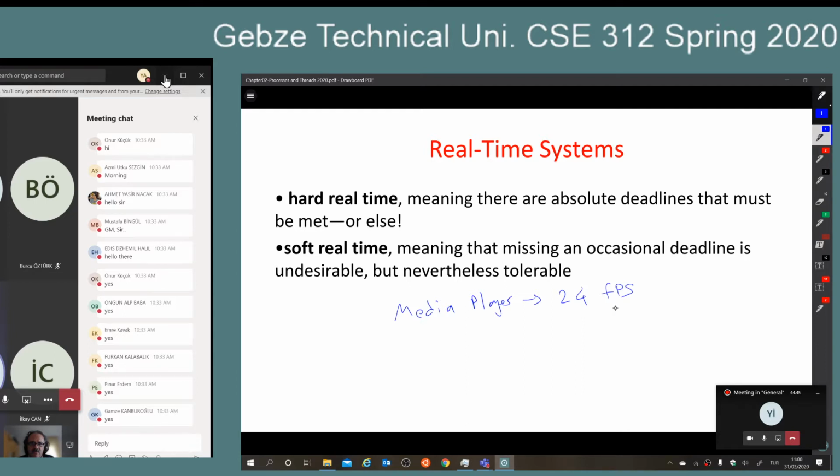But let's say in a given minute, sometimes I showed you 23 frames per second. I missed the deadline. In a given minute, maybe I can tolerate it because my eye is not that sensitive. Even if I notice a small freezing with the video from time to time, I can tolerate it. So it's okay with the soft real-time system.